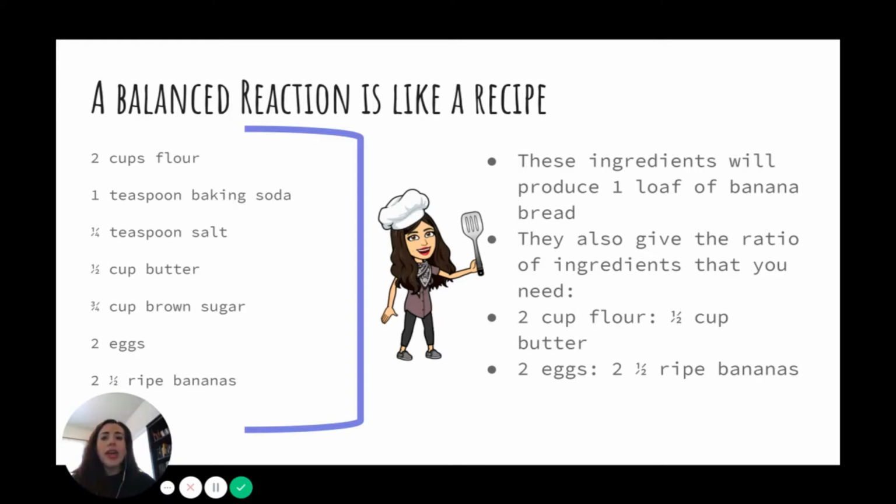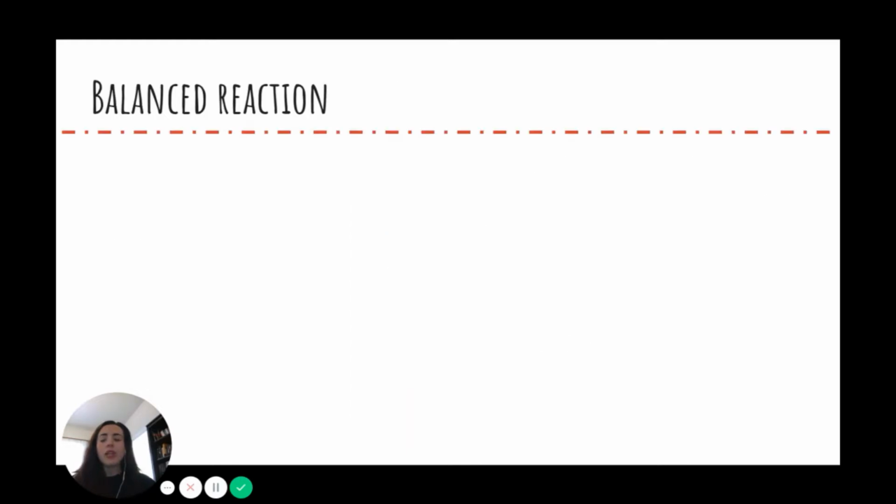So let's go ahead and see how this actually applies to a chemical reaction. Here we have a simple chemical reaction. We have some magnesium and oxygen reacting together to form a compound called magnesium oxide. Now, if we were to talk about the ingredients and apply our 3 things, let's look at magnesium. We know we have 2, so that's your amount. You know that your measurement is moles.